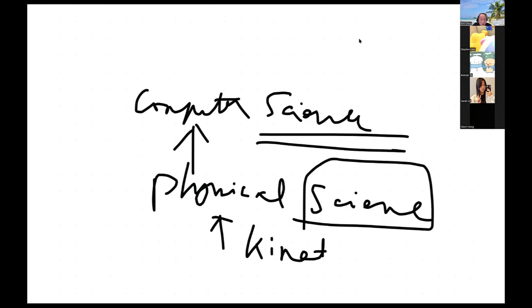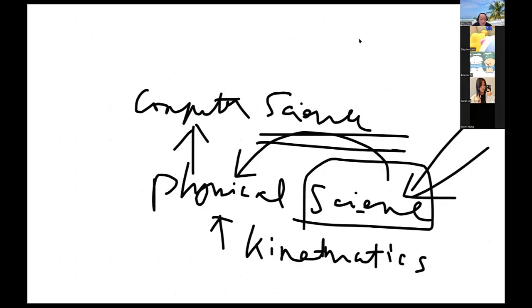You talk about how things move and how things work and how things drop and how things collide with each other and how things emit energy. That is the physical science. The science to study that is called physics.